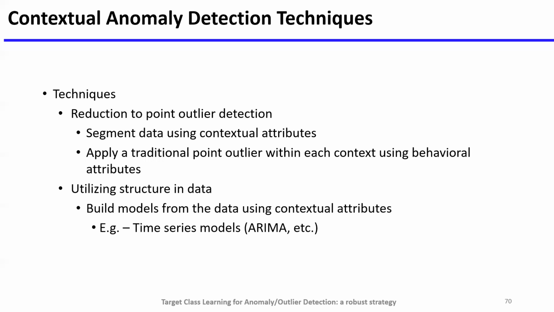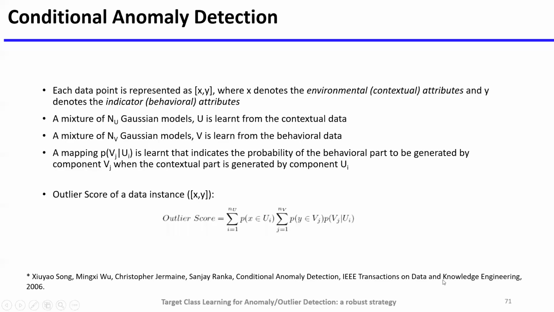So basically it is a simplification. Then we also utilize the structures in the data, and build the model from the data using contextual attributes, for example, time series models.